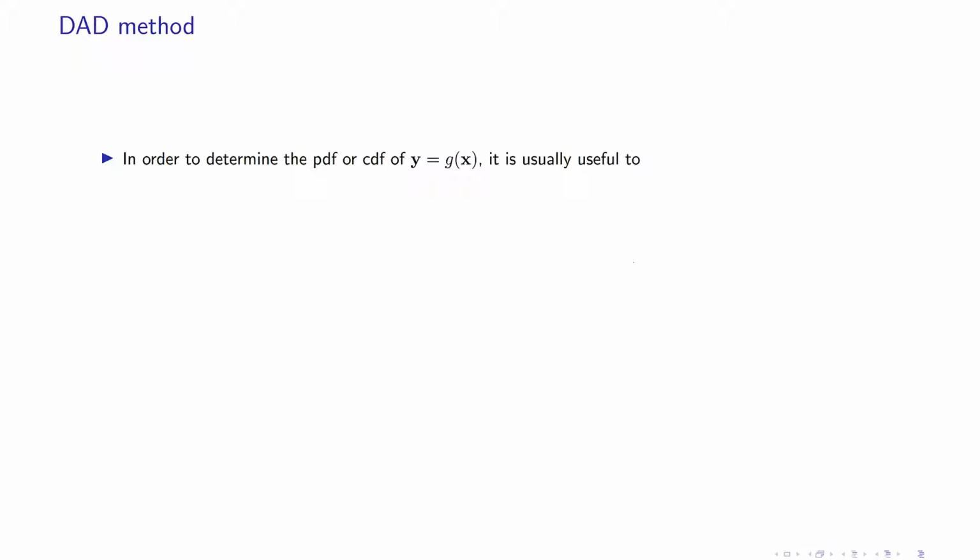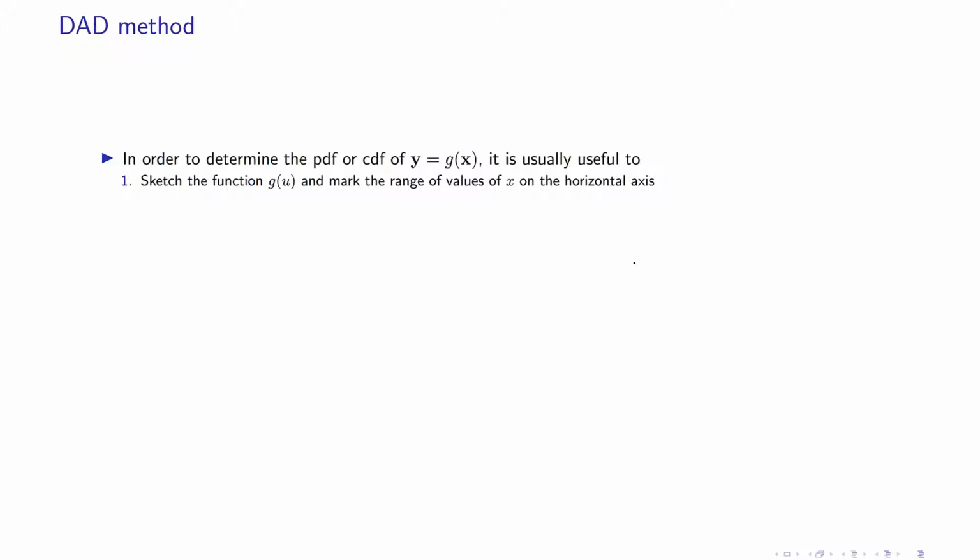So in order to determine the PDF or CDF of g of z, we follow step-by-step procedures, like what we had in previous chapters. The first one is to sketch the function.